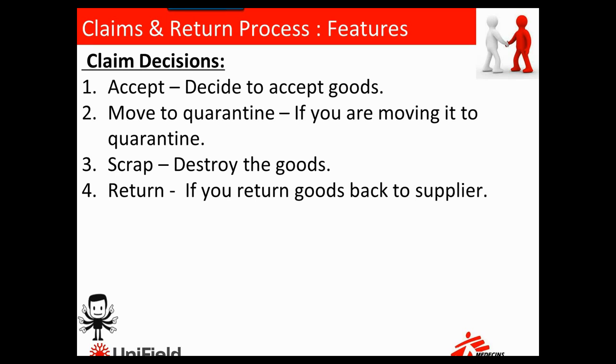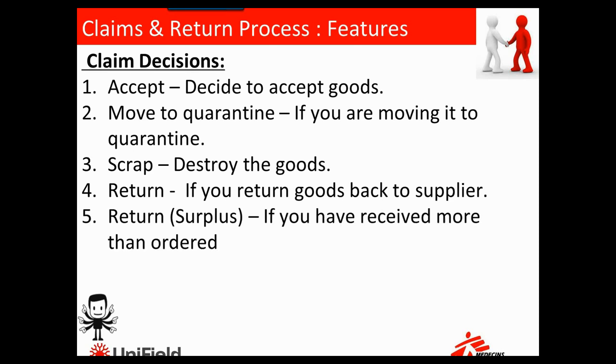These first four were what we had before with version 6.1. So what do we have now with version 7? We have an option called return surplus. Return surplus is for when you as a project have received more than what you had actually ordered.